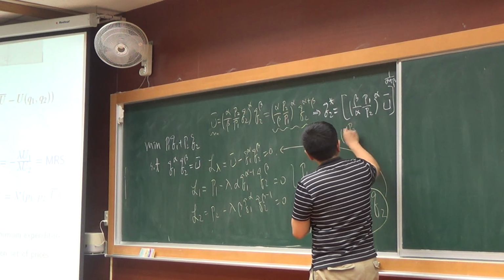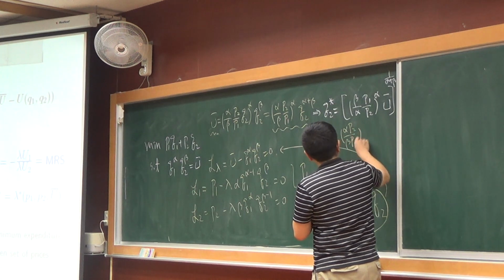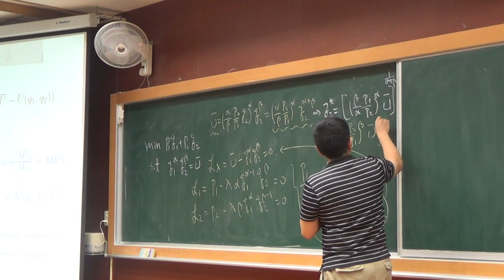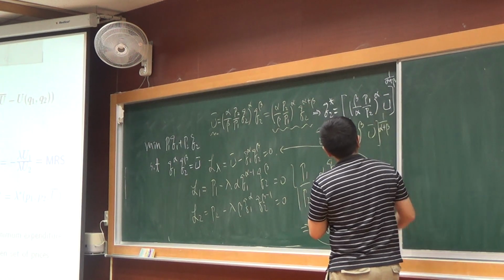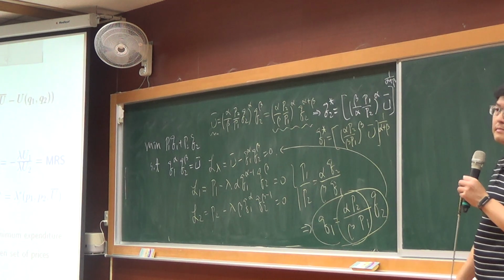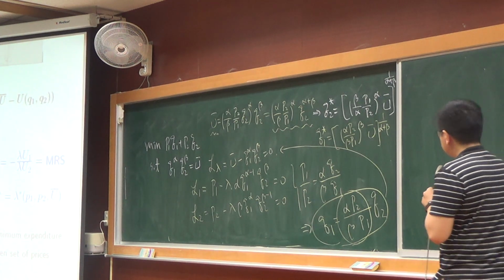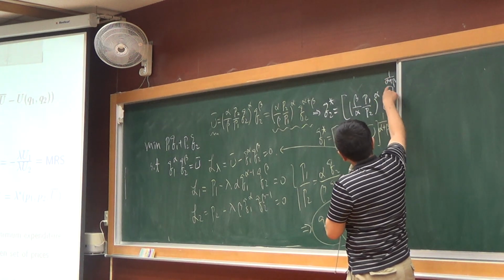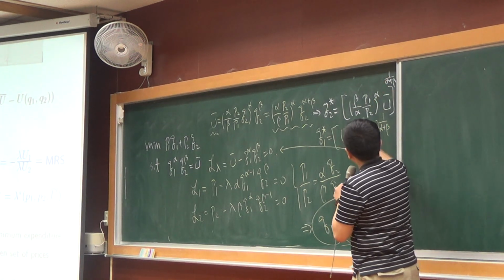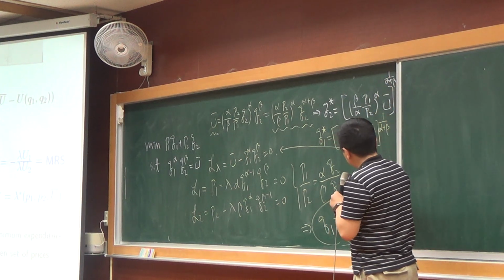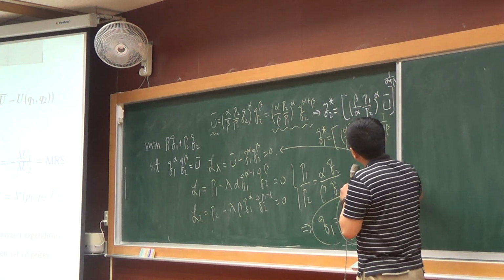Alpha P2 over beta P1 to the power of beta, U bar, to the power of 1 over alpha plus beta. Because when you want to put this term into the square parenthesis, you have to make the power alpha plus beta.